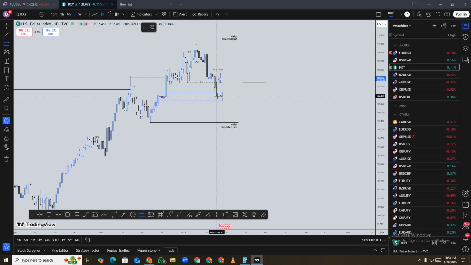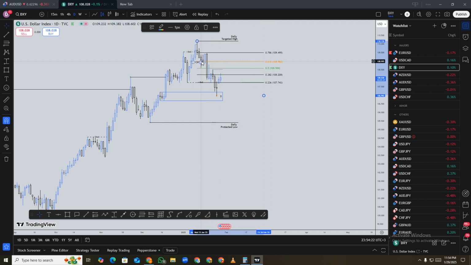Going by logic, after every break of structure we expect a pullback, and the 61.8 aligns perfectly with this supply order block. So we may see the market push to this level before we get any significant downside momentum or selling pressure.